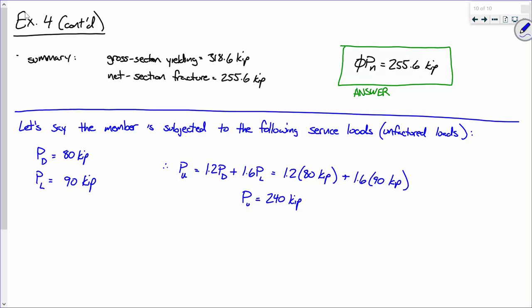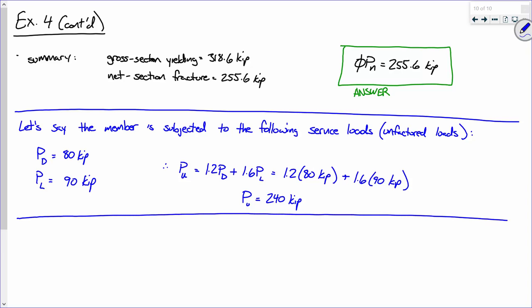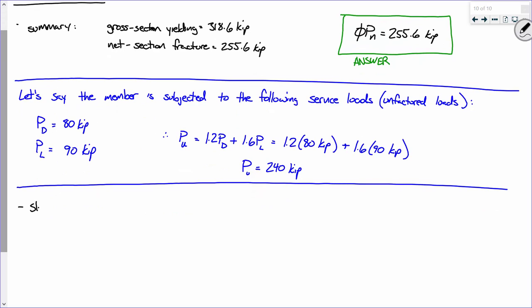Okay, now, we're not done though because I've got one other thing I want to assess, and what's that? Looking at the problem, what's the one thing we haven't done? Slenderness. Now, I asked you this earlier. What is the minimum radius of gyration?